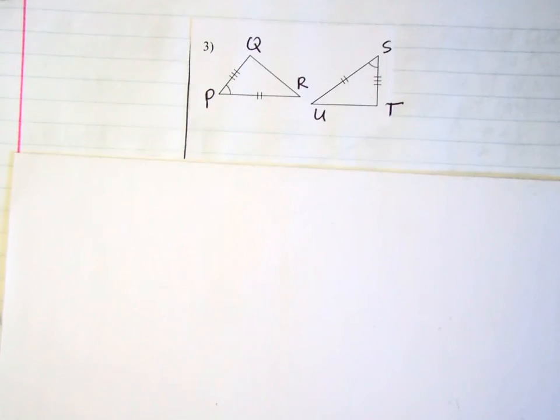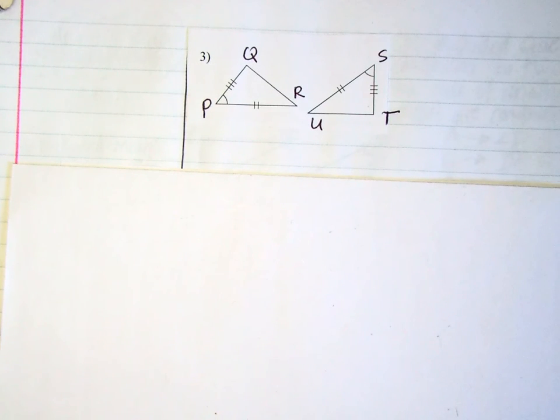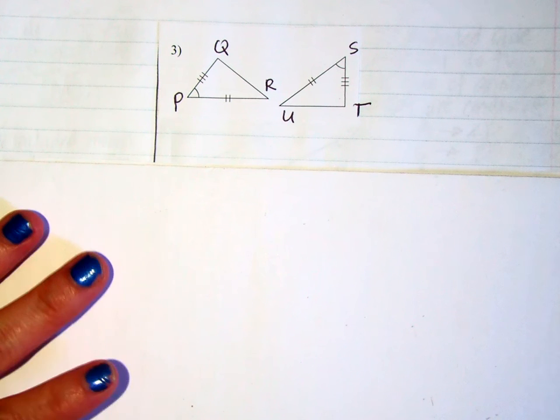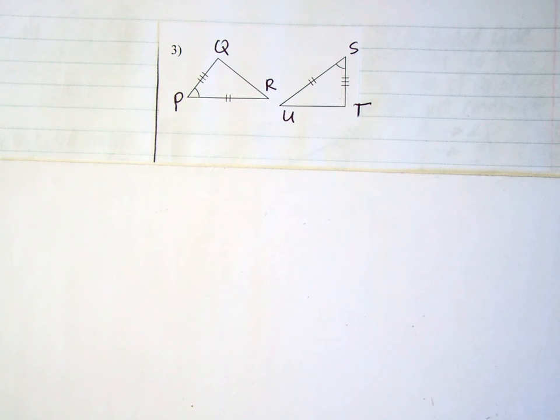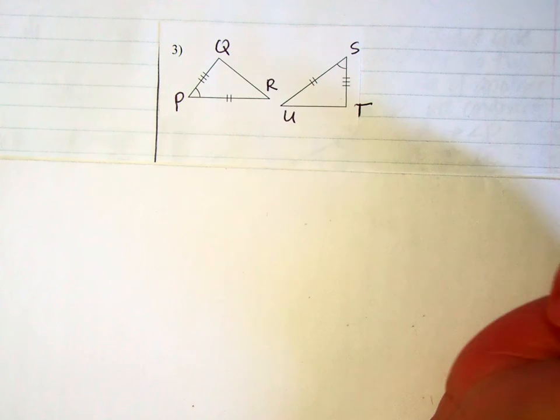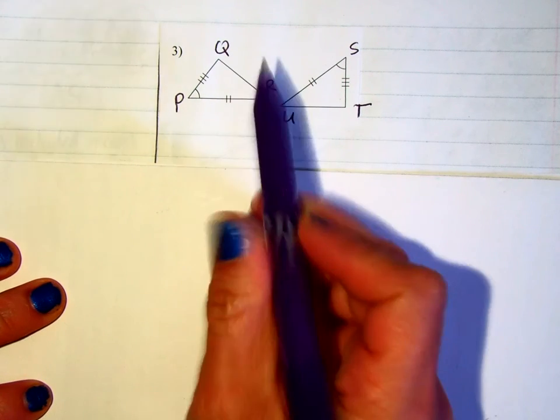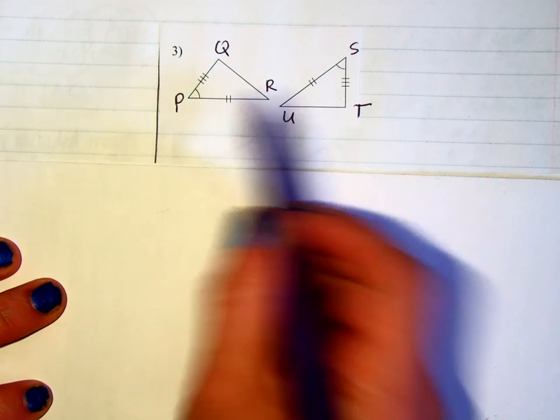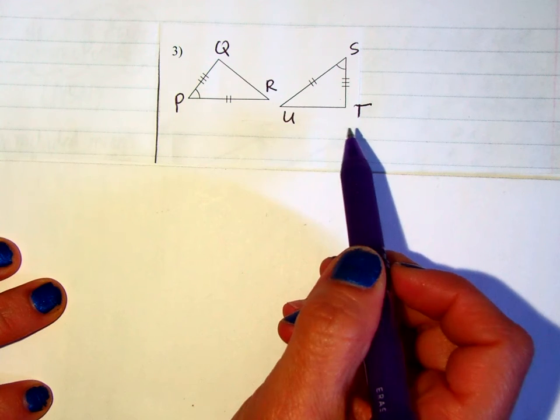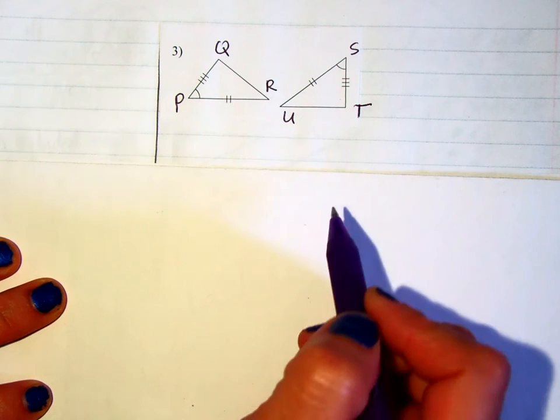Let's try one more of the same type of problem. If you need to, pause the video to draw it out or to analyze it to decide whether this can be proven by the side-angle-side congruence postulate, please do so. In looking at this, I'm going to read what I see. I cannot make any extra markings because these two triangles are not sharing sides and they're not sharing angles like vertical angles.